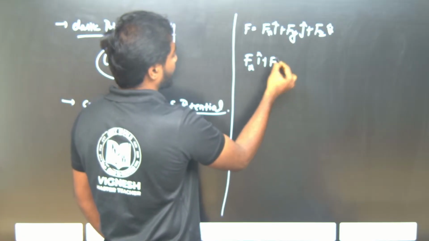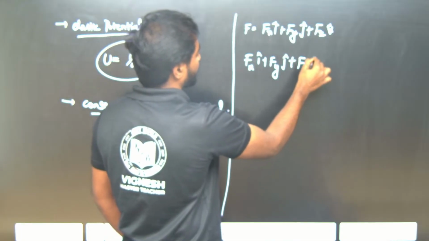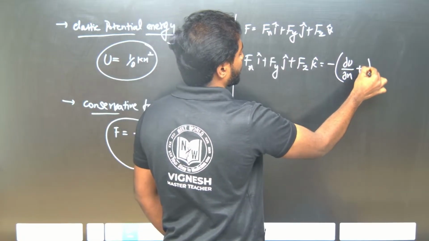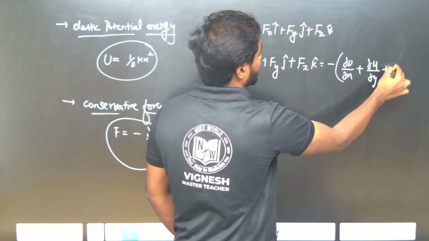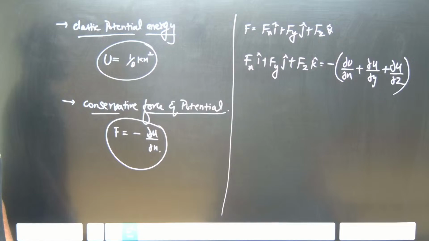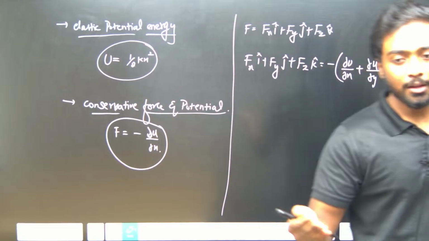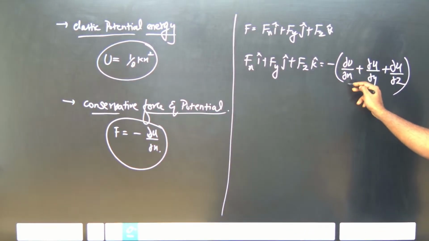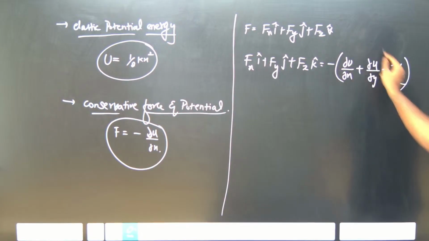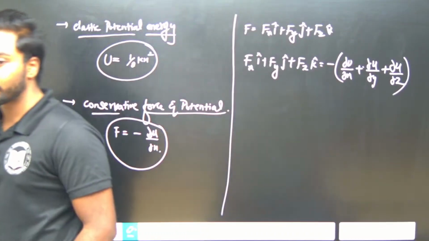Fx, fy and fz are minus dou u by dou x, dou u by dou y and dou u by dou z. So this is the formula when we are talking about force in x, y, z and the potential relation. So the minus will come. This is the relation between the conservative force and the potential.